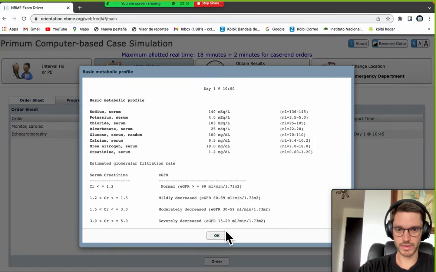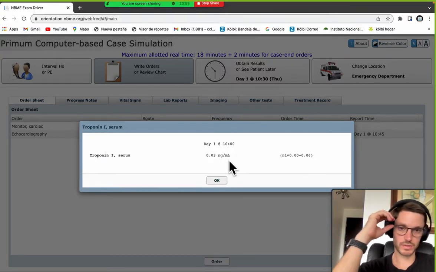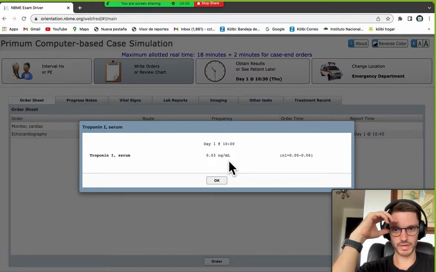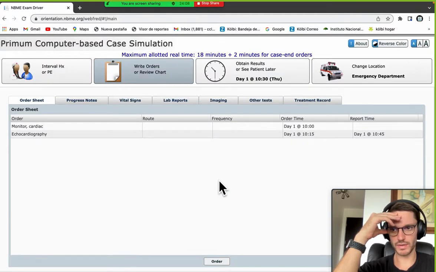Creatinine is at the upper limit. Troponin I is normal. So this isn't a STEMI or an NSTEMI. It could still be aortic dissection. The pain started shortly before. Let's see what else we have.